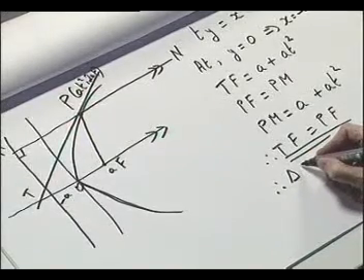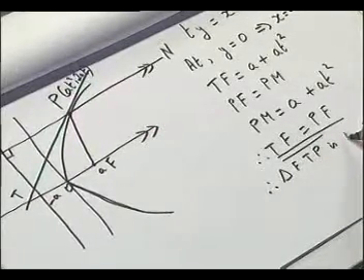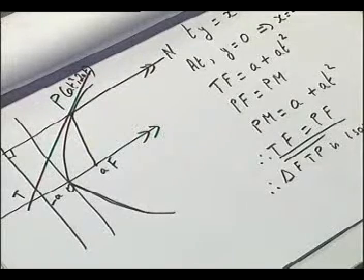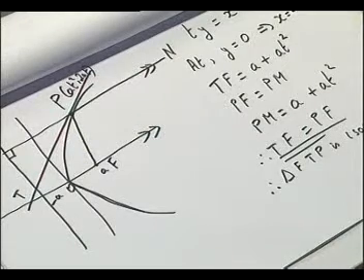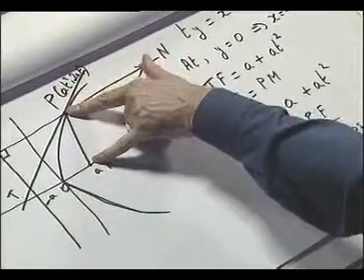Triangle FTP is isosceles. Okay, it's isosceles. What does that tell us? Well, if it's isosceles, it tells us that its two base angles are equal. So that's one equal side and that's one equal side.